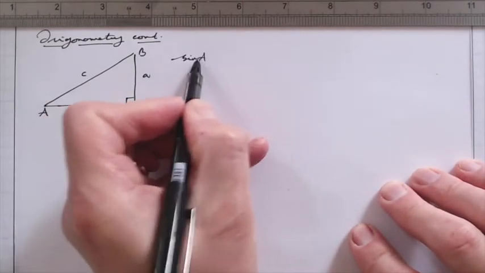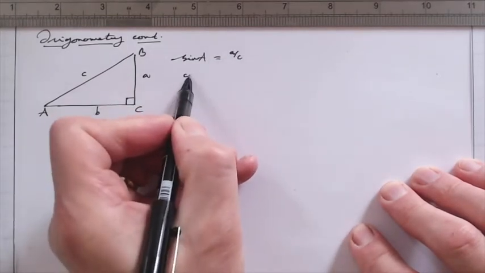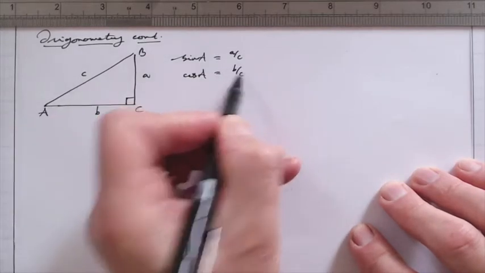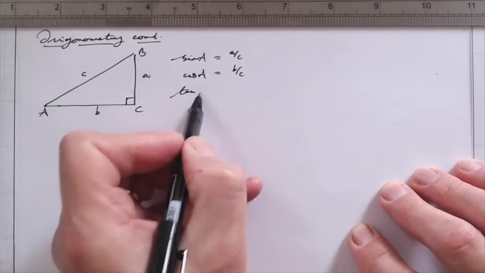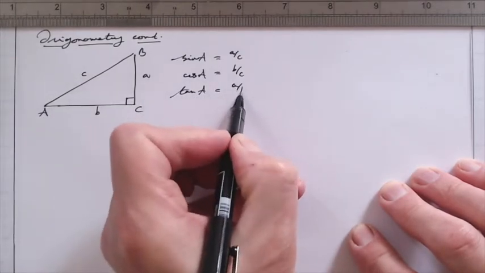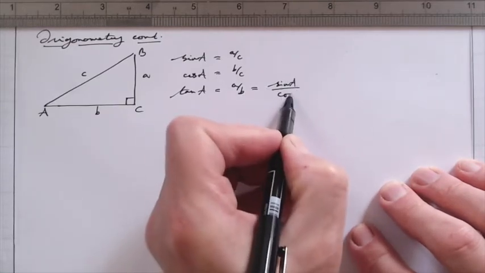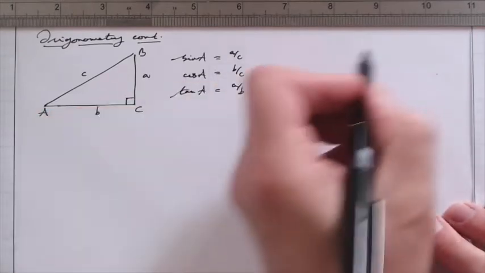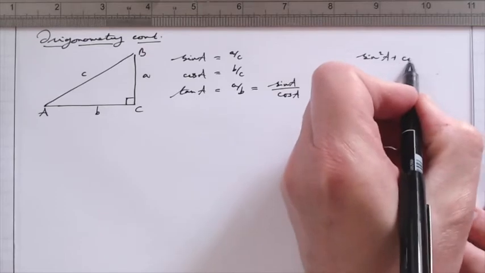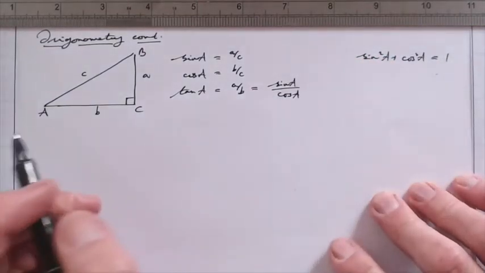And we define sine of A to be the opposite over the hypotenuse, the cosine of A to be the adjacent over the hypotenuse, and the tangent of A is the opposite over the adjacent. We also know the tangent of A can just be written as the sine of A divided by the cosine of A. And we also showed that the square of the sine plus the square of the cosine is equal to 1. So that's just a very quick recap.